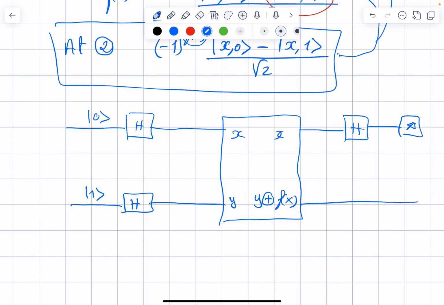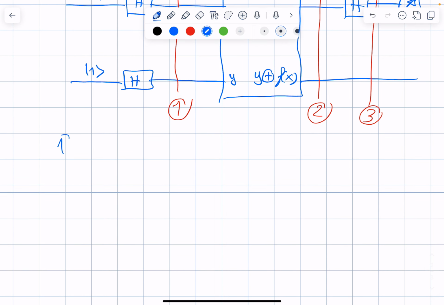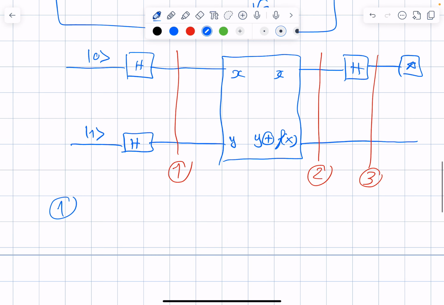Again, we are going to give names. So this is 1, this is 2, and this is 3. Okay, let's go back to 1. What exactly do we have at 1? Of course, we have h of 0, and we all know that h of 0 is nothing but the plus. And here we have h of 1, which is the negative sign.